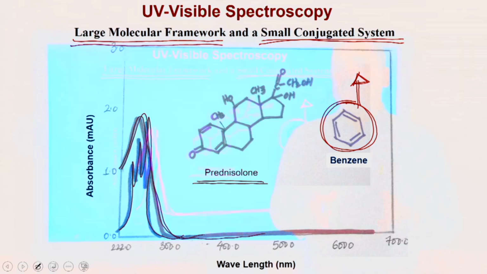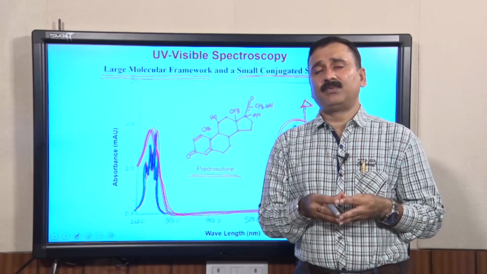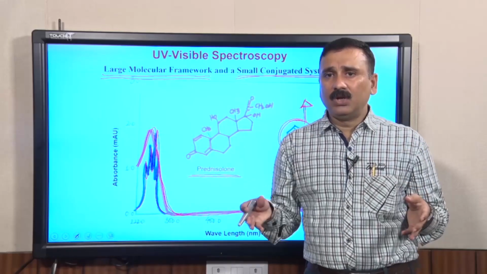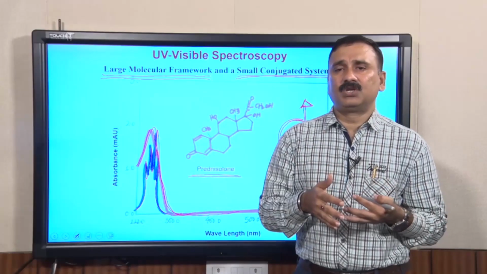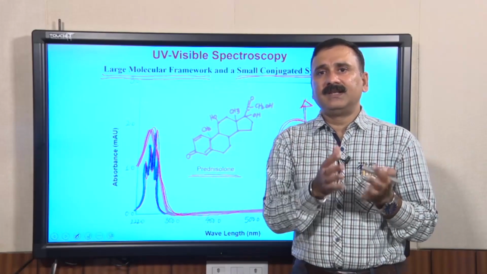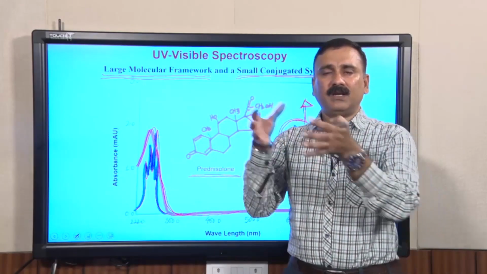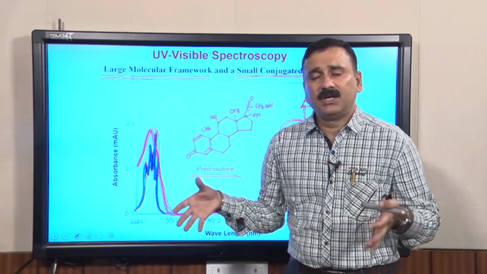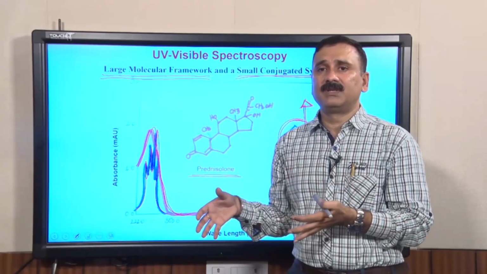So, with this we would like to emphasize the point that if you collect the absorption spectra of a molecule, and you are expecting a change in the structure, or a change in the presence of functional groups, or a change in terms of a single conjugated ring versus a double or triple conjugated ring, you are definitely going to see a change in the absorption spectra.